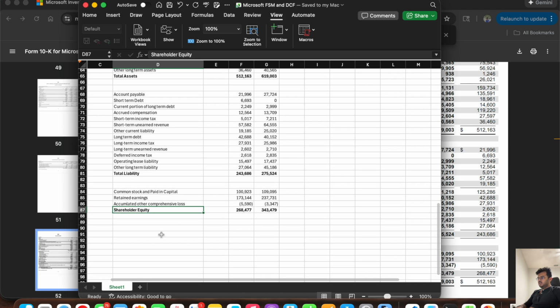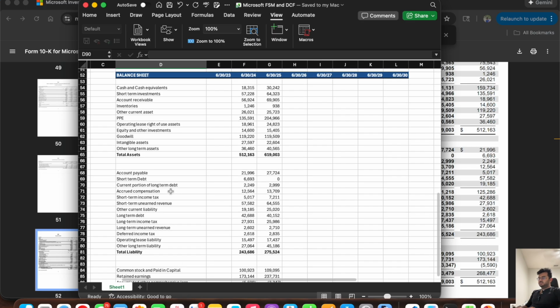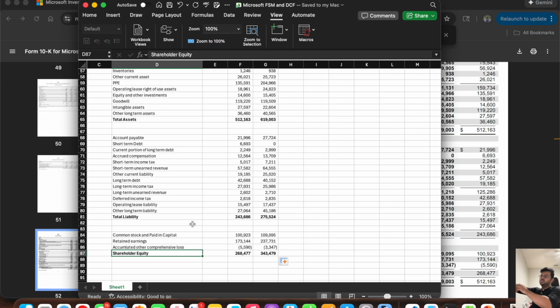Even before I start forecasting the next steps, one basic equation might be our first class in finance. Whatever business we are doing, the assets should be equal to the liabilities plus shareholder equity. So this is the equation we will use to ensure, once we fully develop our financial model, that our model is balancing or not.